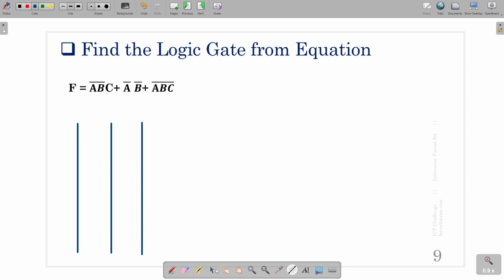So here we get three inputs, A, B, and C. Now here you will get A bar and B bar, so that means we also need A bar. So we input here to a NOT gate, also here we need a NOT gate, so you will get another two lines for A bar and B bar.